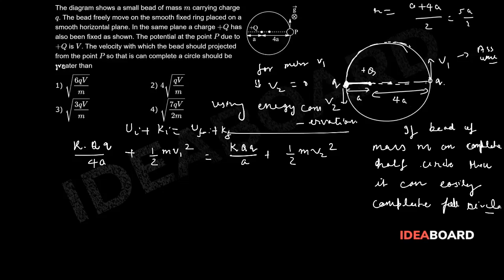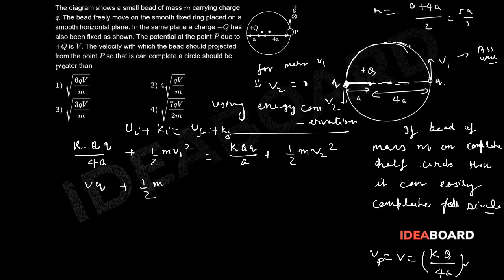Now we know that the potential at point P is given, which is Vp equal to V, and which is kq/4a. This is given in the question. So that means kq/4a is equal to V. So we can substitute the value.